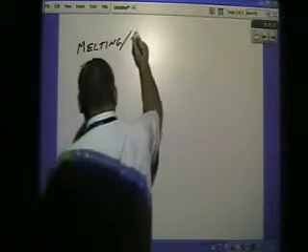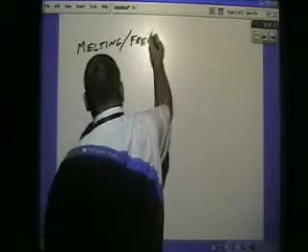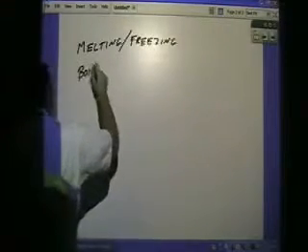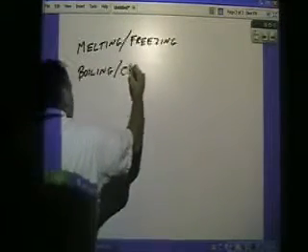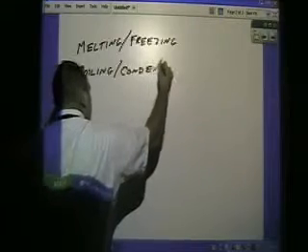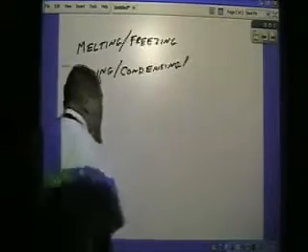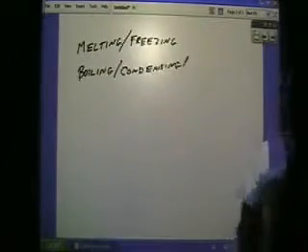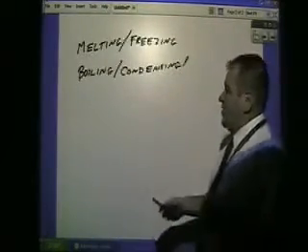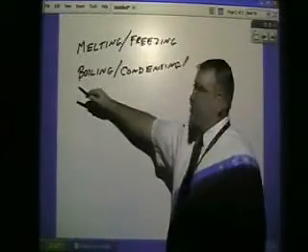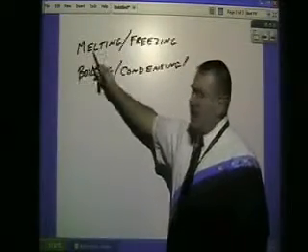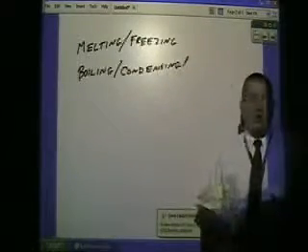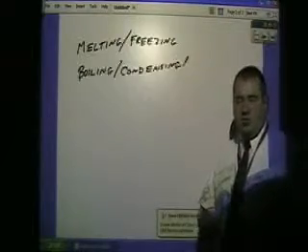But if you have melting or freezing, if you have boiling or condensing, what ends up happening is there's a certain amount of heat that is required or that must be removed in order to go from one state to the next. It requires a certain amount of heat to go from a solid to a liquid. It requires a certain amount of heat to go from a liquid to a gas.